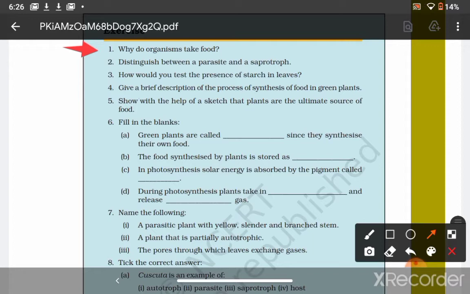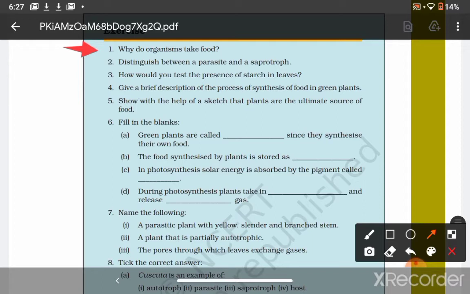The organisms take food because the food contains important components, which you can say nutrients, and which help us to grow, build, repair, make our immune system stronger, and give us energy for our life processes. And the food has all these nutrients. That's why all organisms need food.